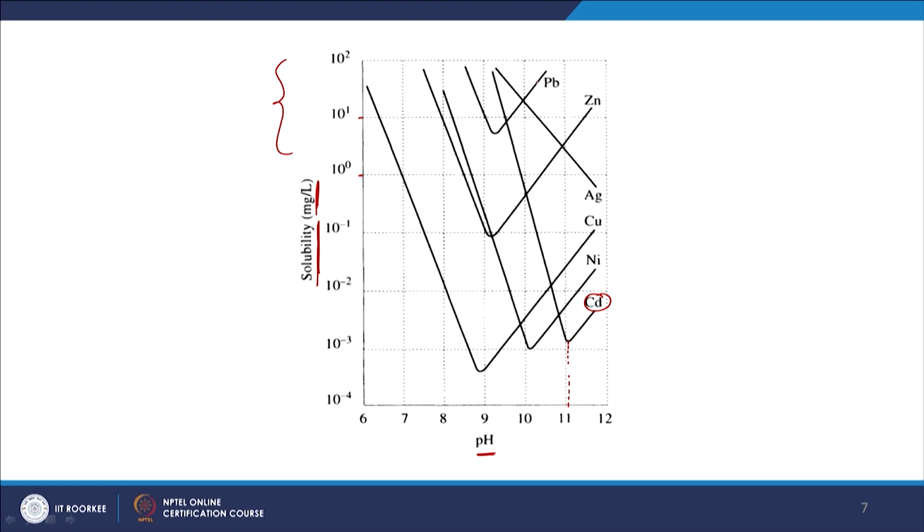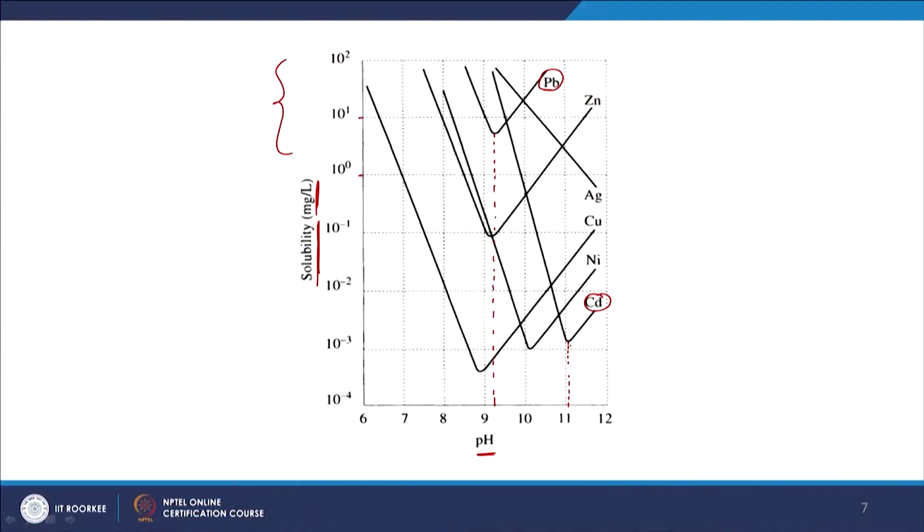And where is lead out here? Lead is somewhere out here. This is lead, right? And as you can see here, that comes out to be something like 9.25, 9 point something like that. So now the key is which particular pH are you going to choose, or what is going to be your optimum pH?